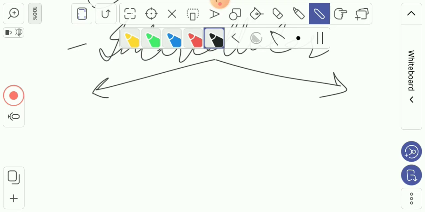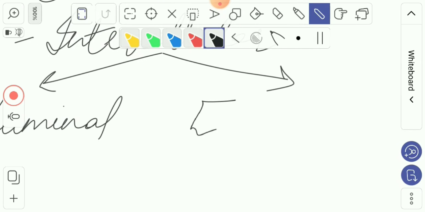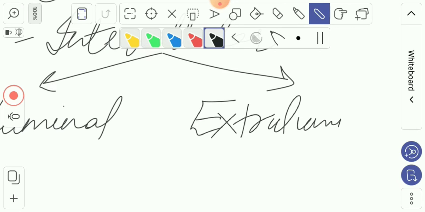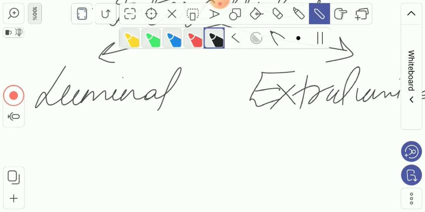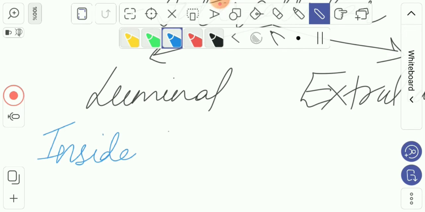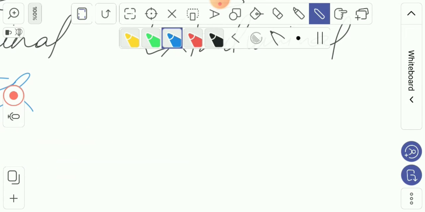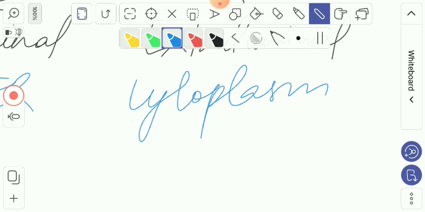Okay, luminal and extraluminal. So luminal is present inside the ER, and extraluminal is present in the cytoplasm. This is cytoplasm basically.